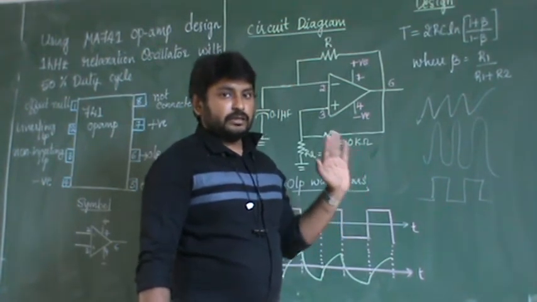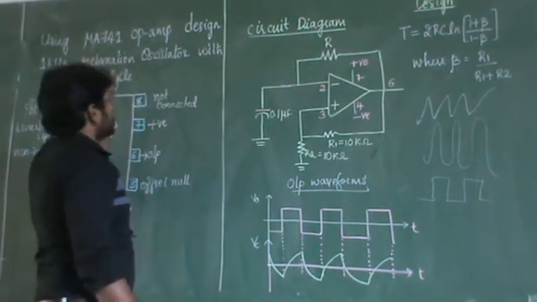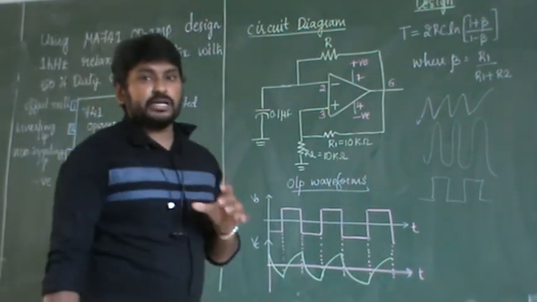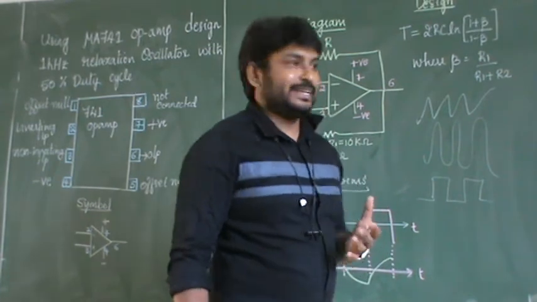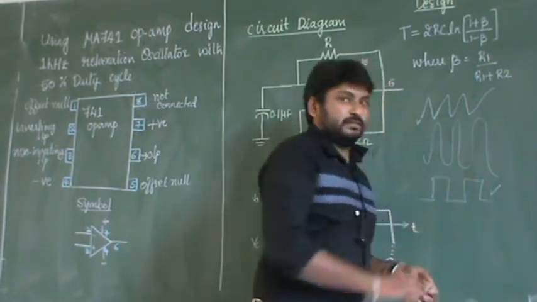That's all. Now coming to the relaxation oscillator. Which type of oscillation will it generate? It will generate a square wave.